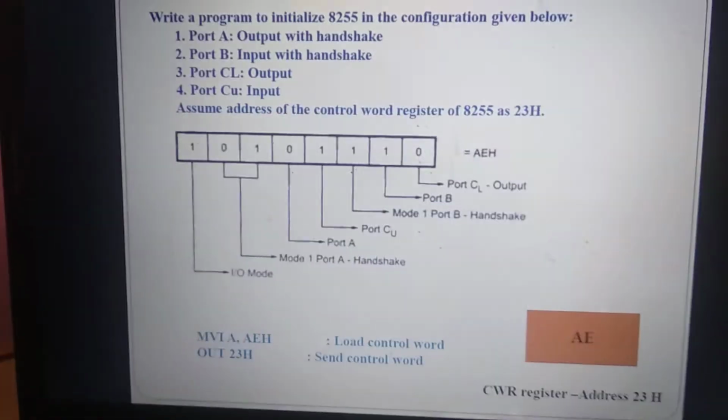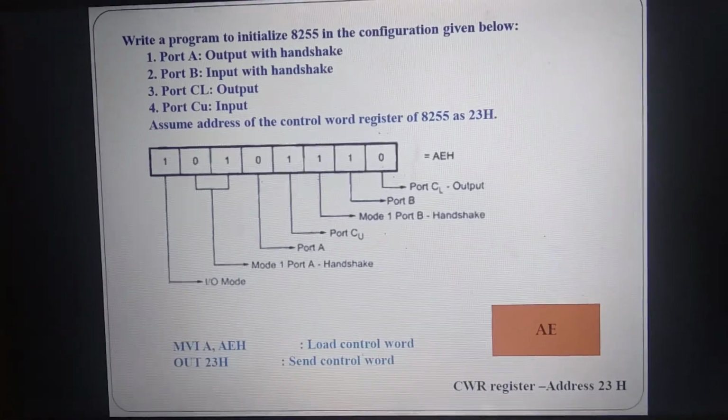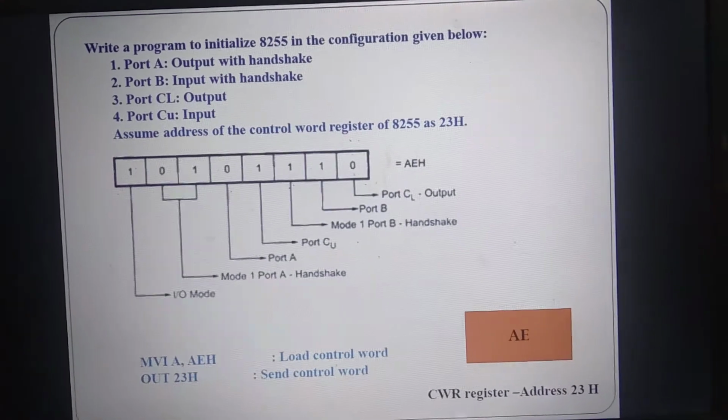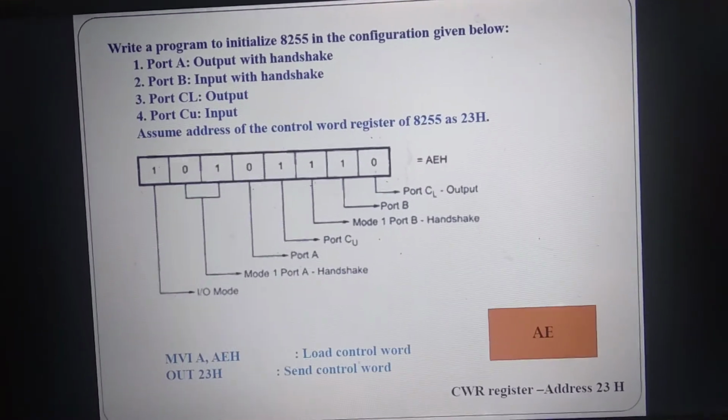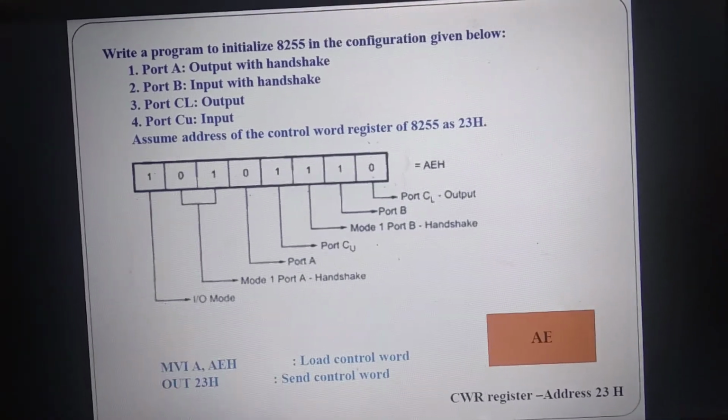So one more example is given where, in a similar way, some specification is given for input port and output port. Again, it's an input output mode of operation, that is very much evident from the given problem statement.